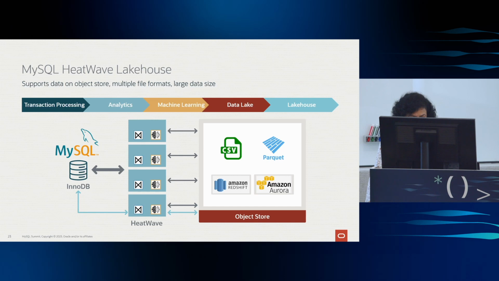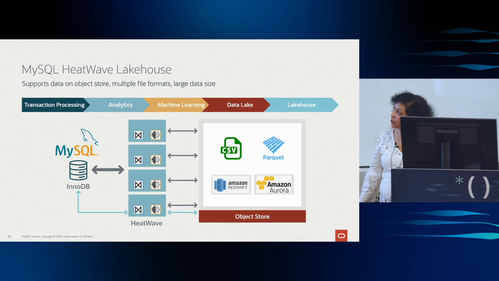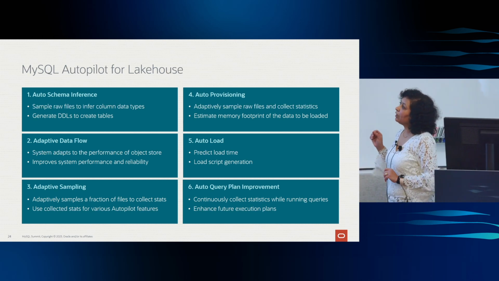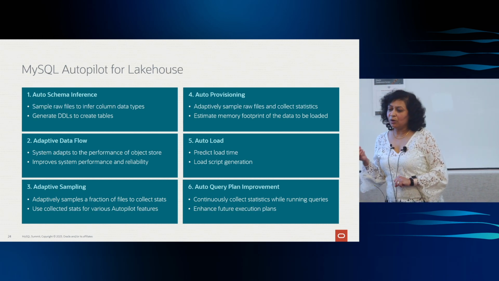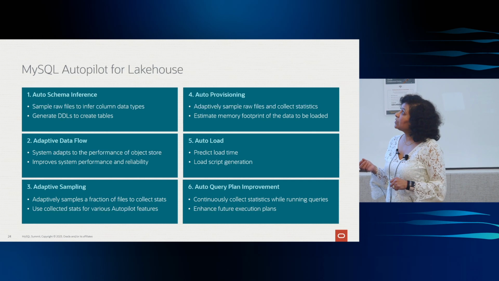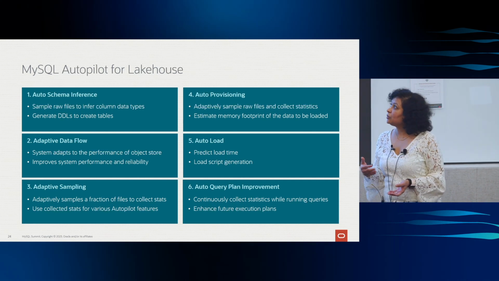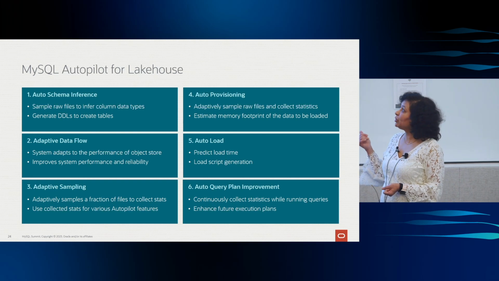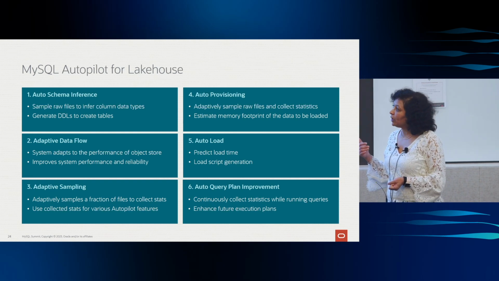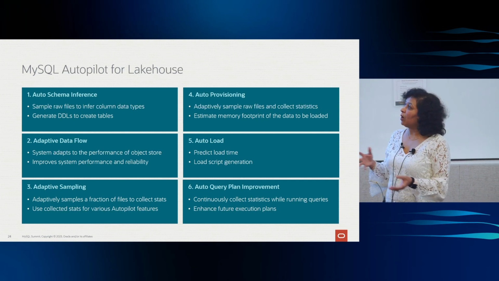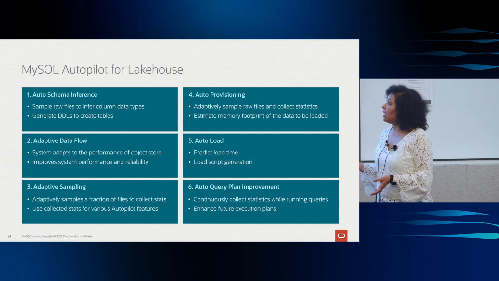Okay, I will skip. This is the general architecture slide for the MySQL Lakehouse. And here I just want to cover quickly, what are the autopilot features for Lakehouse? If you see, there are certain features which were identical to the warehouse case. For example, auto provisioning, auto load, auto query plan, adaptive sampling, all of these are common across the warehouse and the Lakehouse.